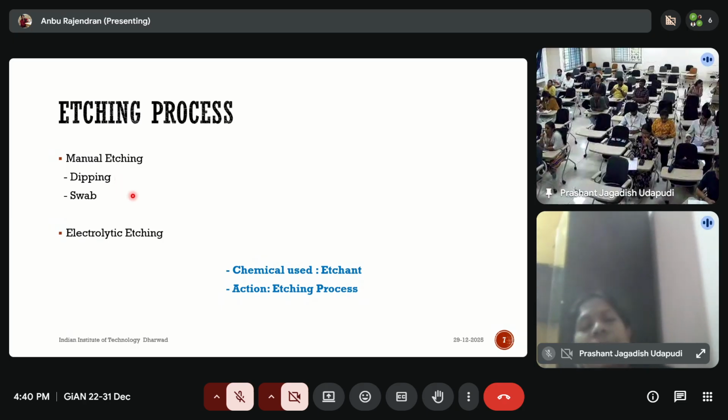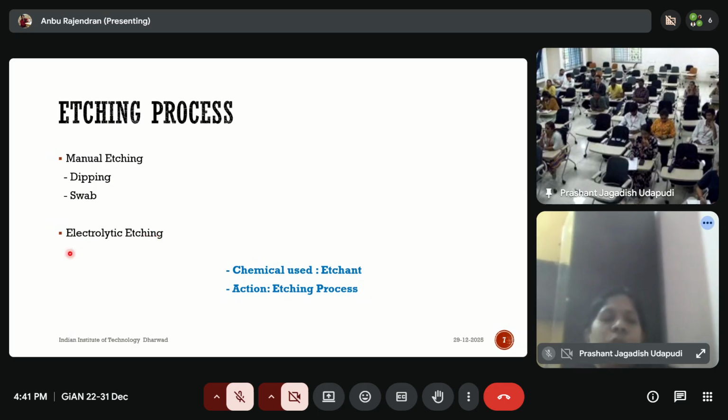That can be done using electric current, a process called electrolytic etching. Your etchant is used as the electrolyte, your sample is kept as the anode, and a suitable cathode is there. You pass the current, and selective etching will happen. An example for electrolytic etching is stainless steel samples, which have high corrosion resistance.